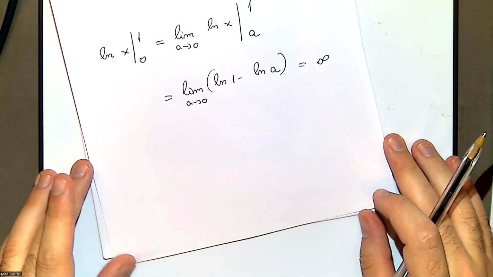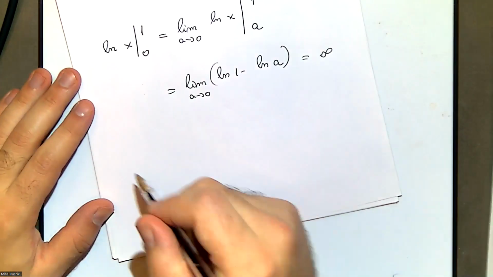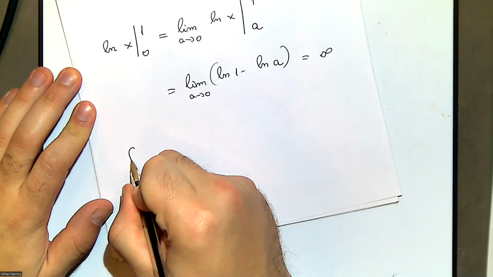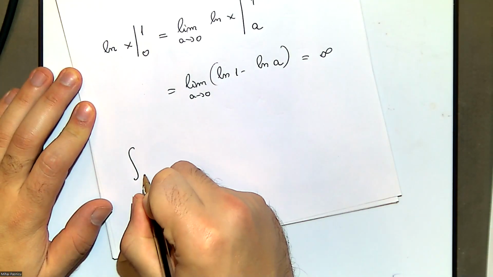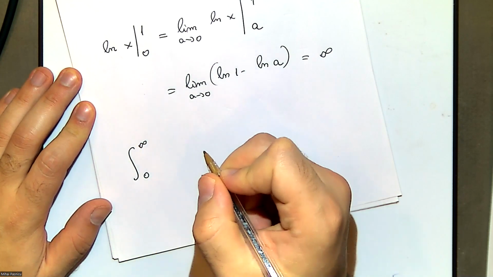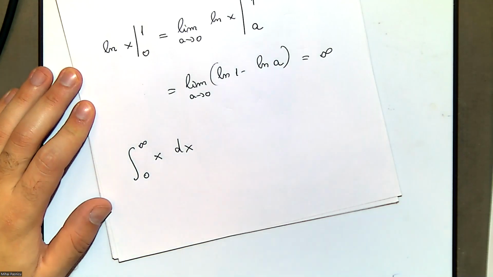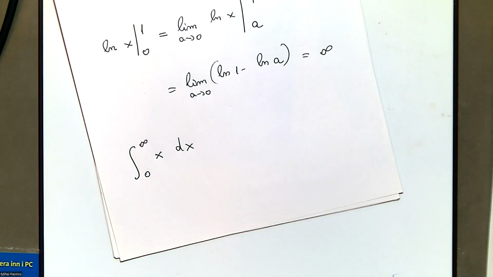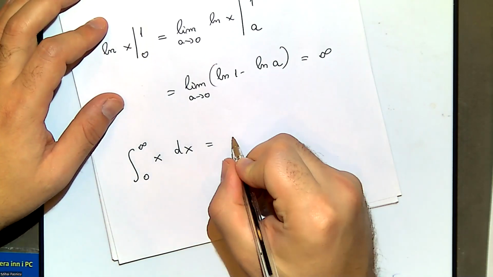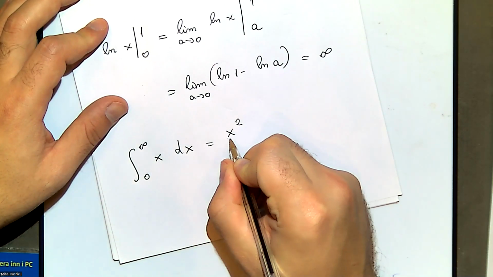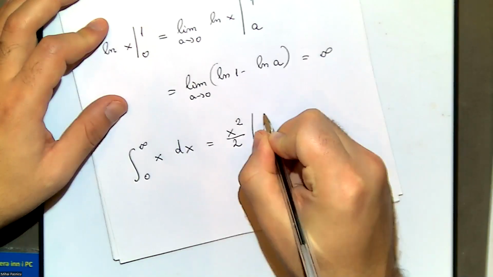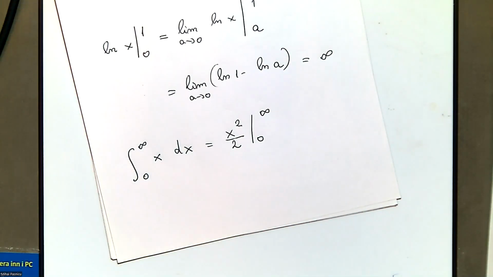I guess you could have stuff like the integral from 0 to infinity of x dx. I know I've computed this before. I know this is x squared over 2, from 0 to infinity. And the idea is that I can't plug in infinity. Infinity is not a number.